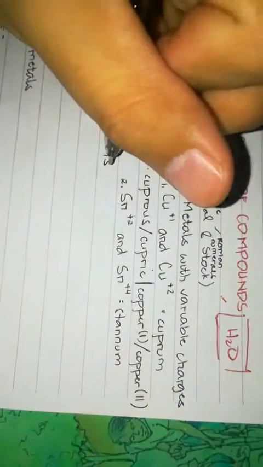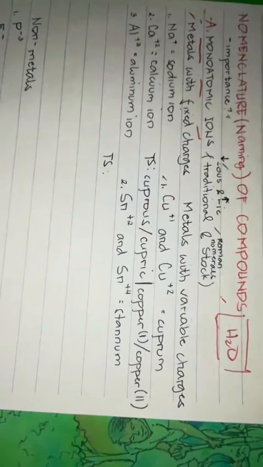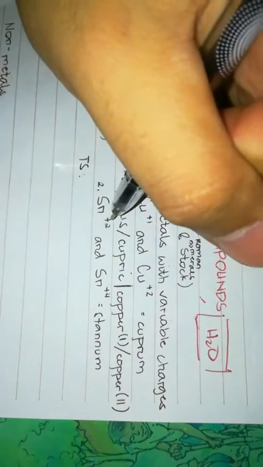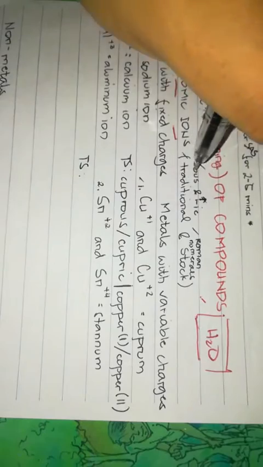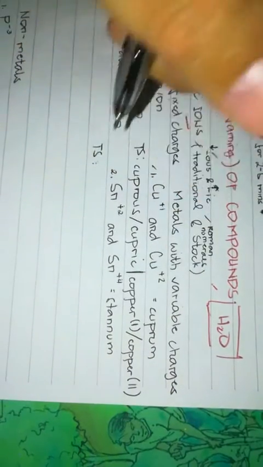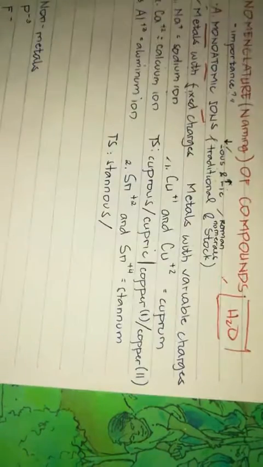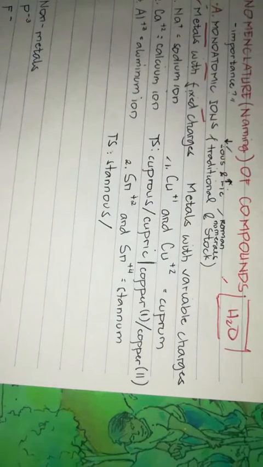So, using the traditional system, the name of Sn positive 2, since mas mababa, kukunin niya yung "us". So this will become stannous. And then, yung positive 4, since siya yung mas mataas ang kanyang charge, it will become stannic.